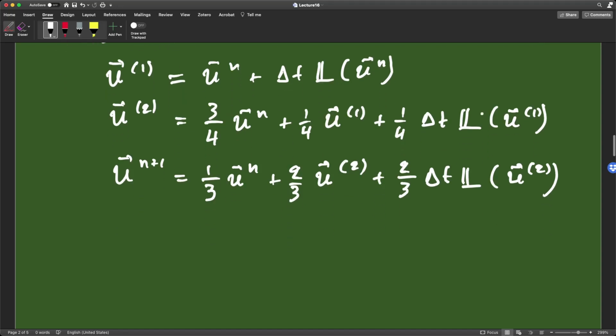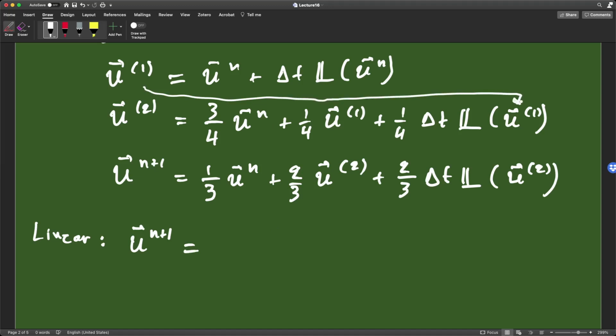If L is a linear operator, then all these steps can be combined into one and simplified. So for the linear case, if we combine all of these steps, so take U1, plug it in here and in here, and then take U2 and plug it in here and in here.